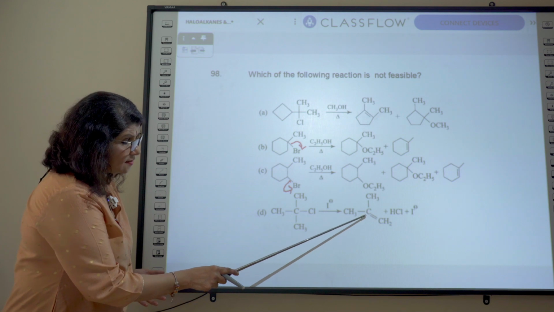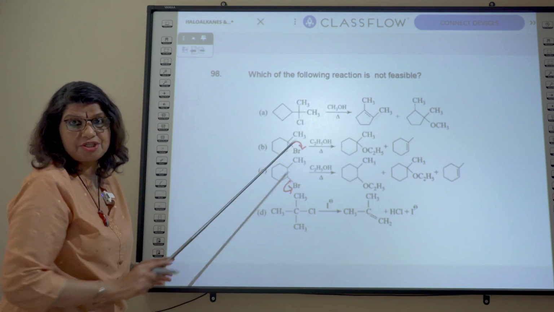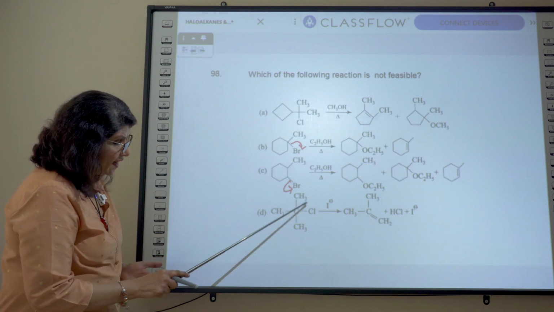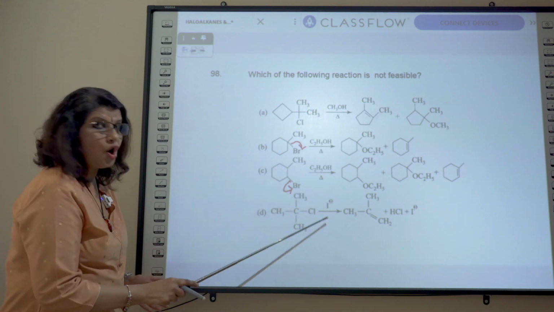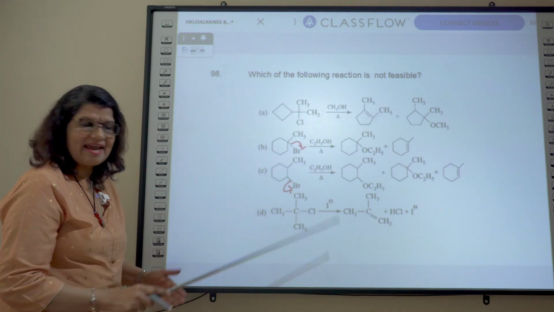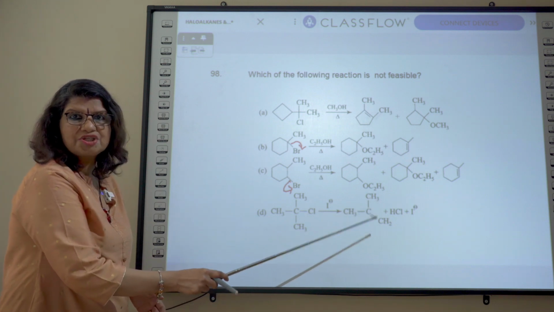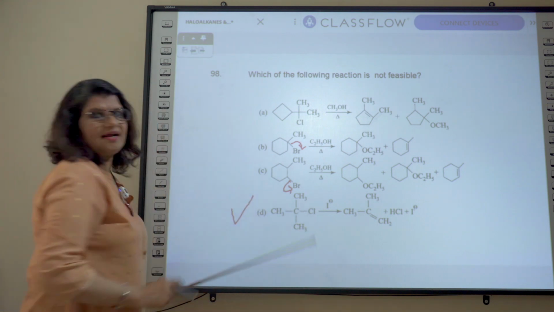It's a product that has got a double bond. It is a product resulting from elimination. For elimination to happen, because the chloride ion is not a good leaving group, the base should be strong. But iodide ion is a weak base, and hence this reaction will not occur. Elimination will not occur, as a result of which option D is the correct answer.